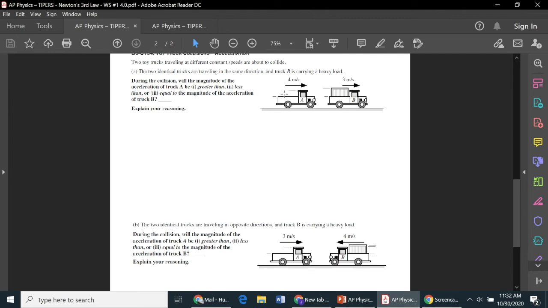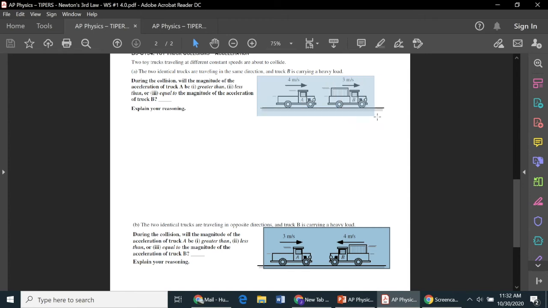Now, I want to be very clear about what I'm saying. The size of the force that both objects experience in this case is going to be different than the size of the force that both objects experience in that case. In both cases, both objects experience the same size force. Object A experiences the same size force as object B.